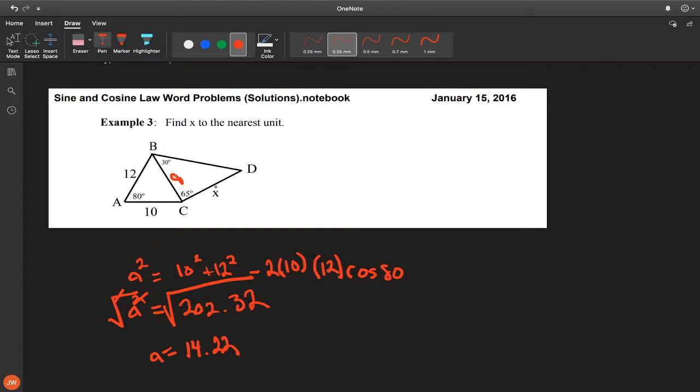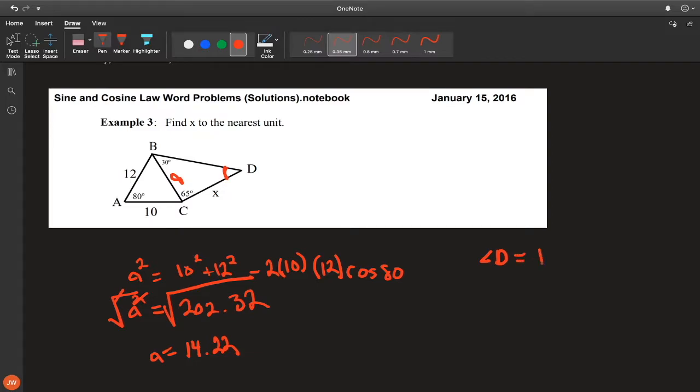Now, looking at this, we need to find x. We need to find angle D, because we know this side, but we don't know the opposite angle of this. To do that, we take the sum of the two angles and subtract it from 180.